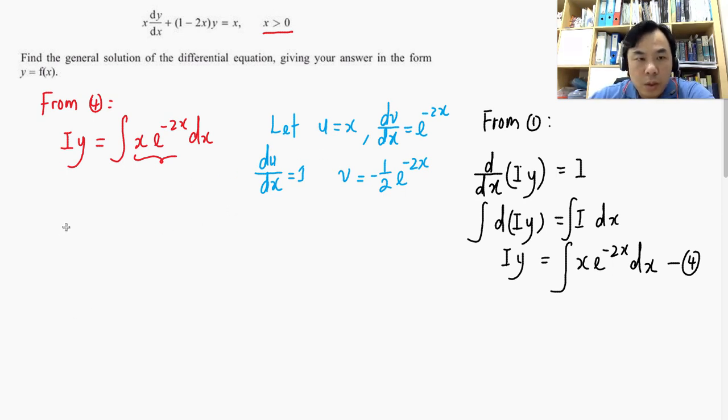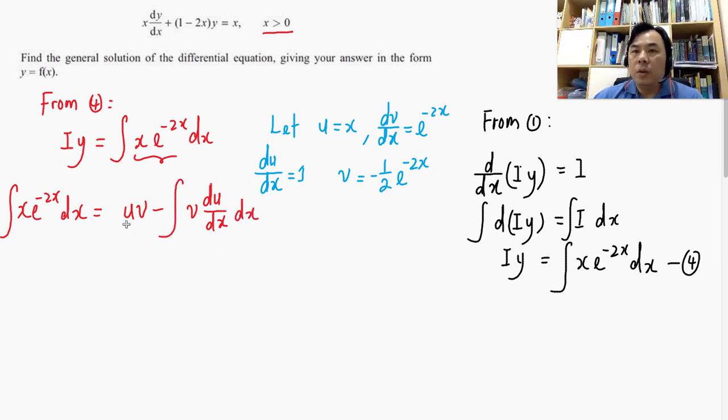From here onwards, your integration of your right-hand side expression, x e to the negative 2x dx, can be written as, based on this formula, uv minus the integration of v du dx dx.